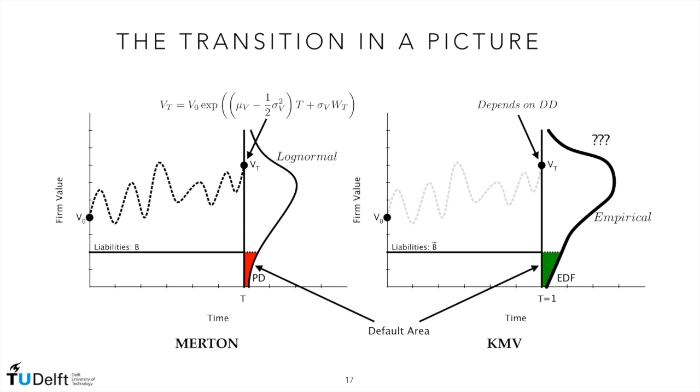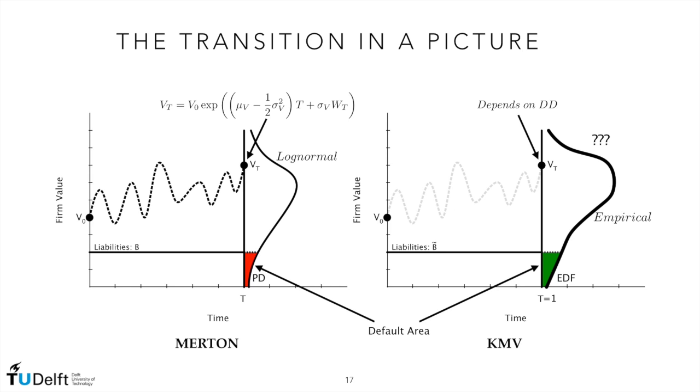The liability capital B is now substituted by the liability threshold capital B tilde. The probability of default is now what we call the EDF, but this is just a minor change. But most of all, the log normal distribution, the normal distribution in the logs, is substituted by an empirical counterpart, by an empirical survival function that we can estimate from data.